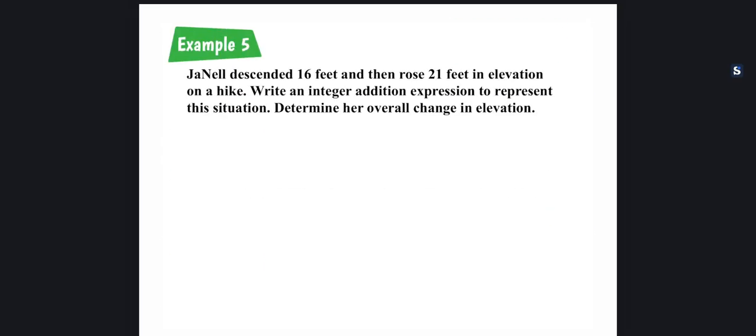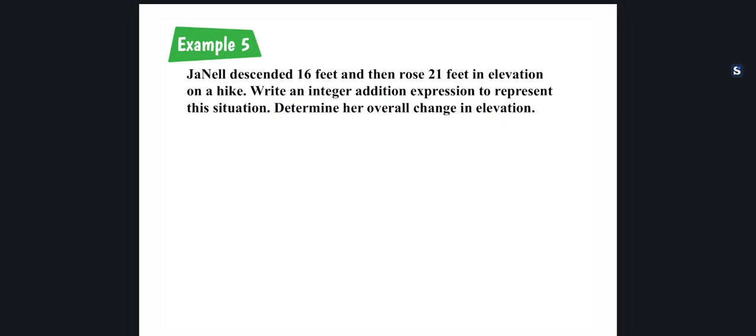Example 5. We'll do this problem together. Janelle descended 16 feet and then rose 21 feet in elevation on a hike. Write an integer addition expression to represent this situation. Determine her overall change in elevation. Janelle descended 16 feet, so this change in elevation is negative 16 feet.